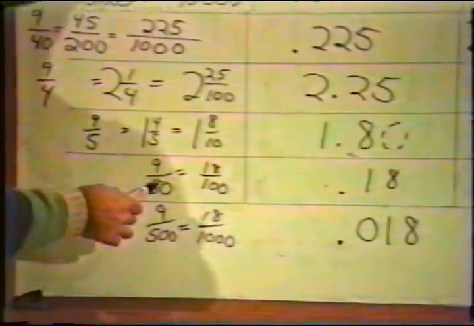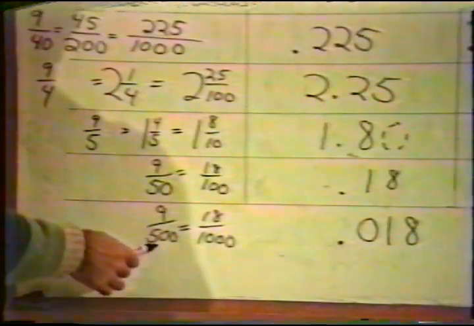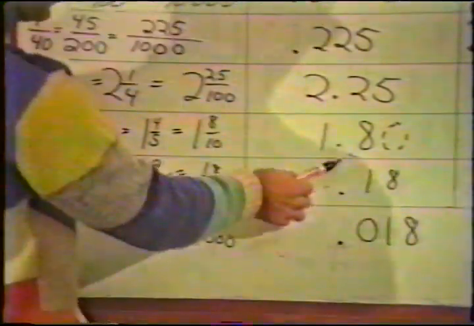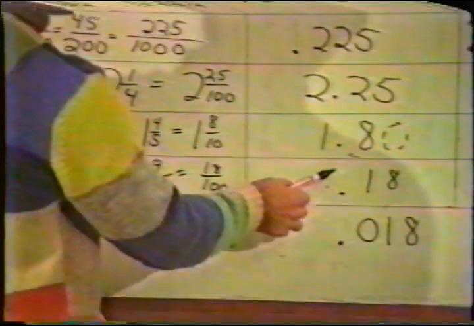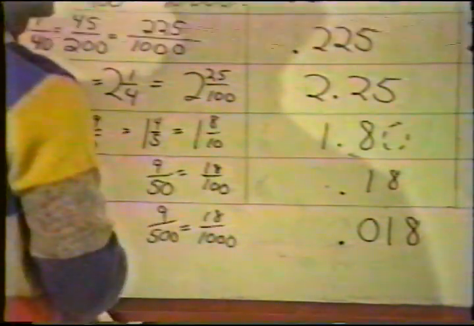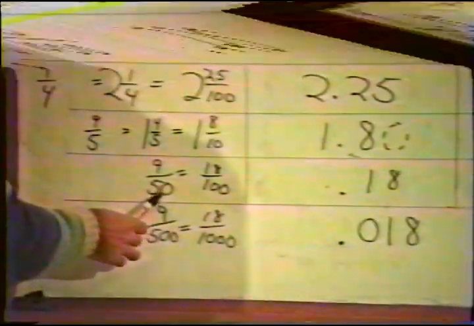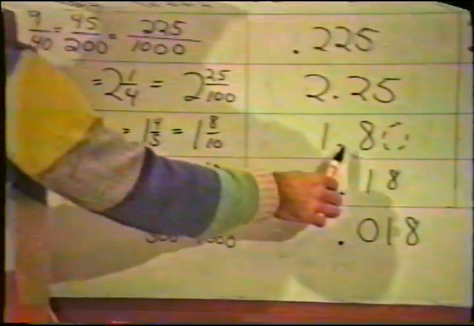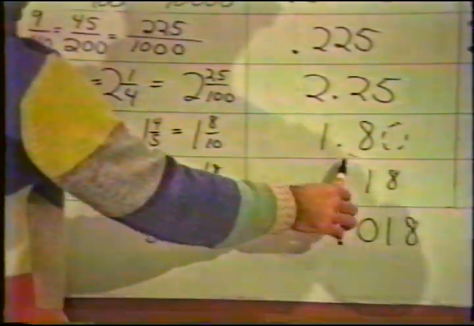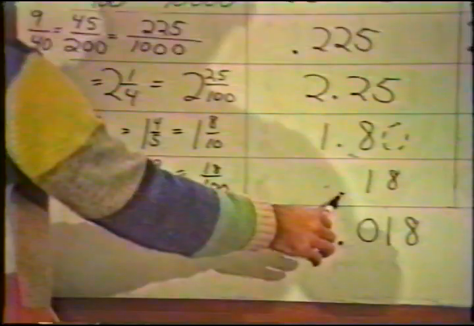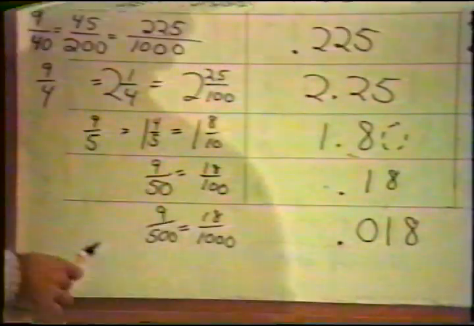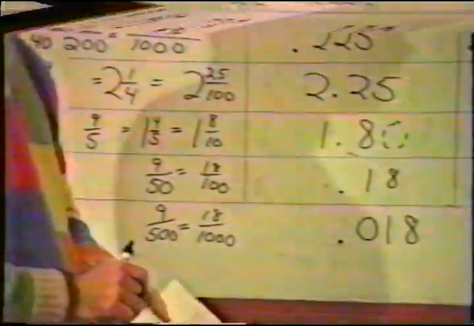And these three are also a set. 9/5, 9/50, 9/500. We have the same numbers over here, but the decimal point is in a different place. Every time we put a 0 on the bottom, it's like dividing by 10 or going back one place to 0.18 or another place to 0.018.